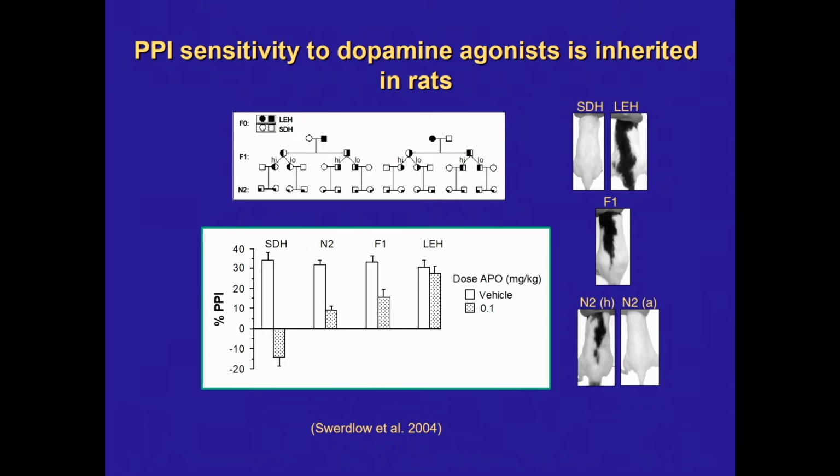We can then cross them to produce the F1 and then back cross to the N2 and show the graded effects of this heritable pattern of dopamine agonist sensitivity, which we've chased down in a number of ways. Paul helped us identify a number of gene expression differences within the nucleus accumbens that accounted for this, and particularly robust differences within catechol-O-methyltransferase.